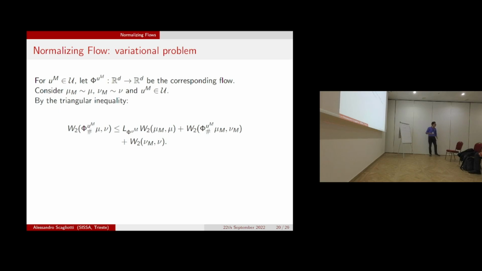Okay, essentially by using the basic triangular inequality with the Wasserstein distance, we can decompose this quantity, which in general will be difficult to measure, into three terms. The first term is the distance between the empirical measure mu_m and mu, amplified by the Lipschitz constant of the diffeomorphism constructed.